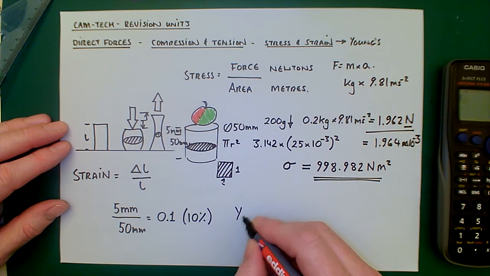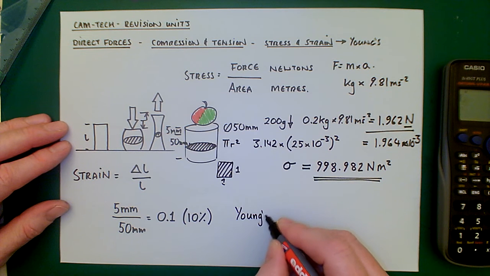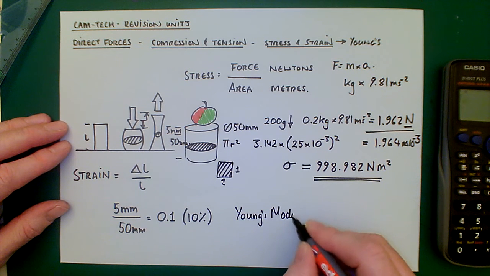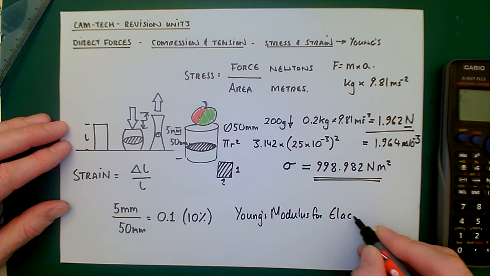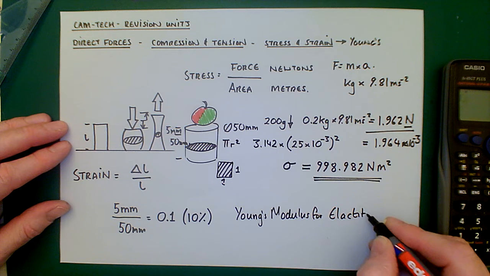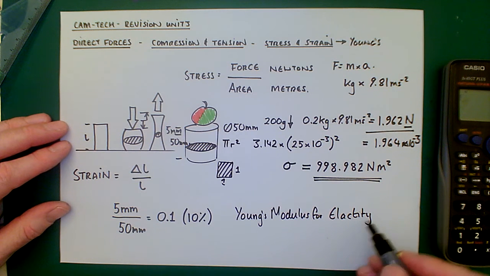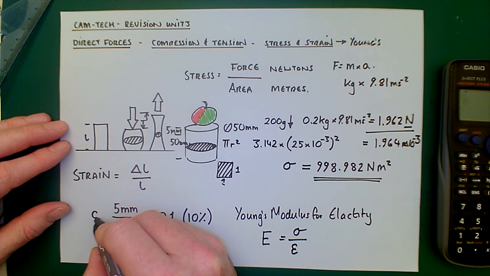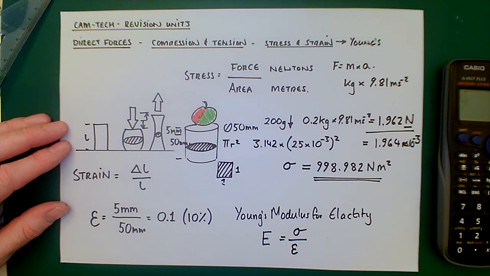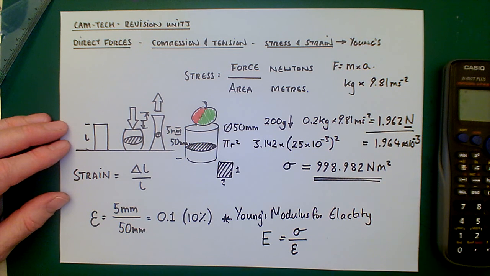And this is the Young's modulus for elasticity, which is stress divided by strain, because the symbol for strain, epsilon, is like so. And it's this that we'll be discussing in more detail in the next video.